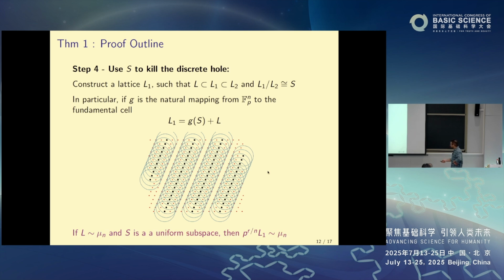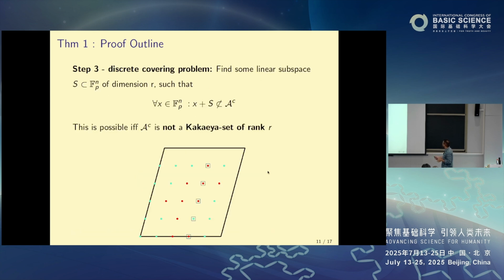Now an important comment. I'm only proving existence, but if I also wanted to prove that almost every lattice has small covering density, then the way to do it is not to pick S in a way that will guarantee that this equation will hold, but to draw S randomly and uniformly over the Grassmannian and hope that with high probability this will hold.